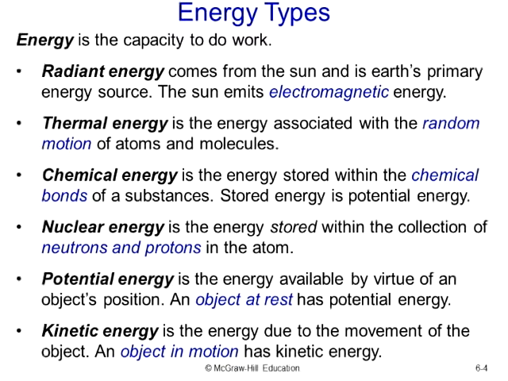Now let's look at the types of energy that we can have involved in producing that work. One form of energy is radiant energy or radiation energy. Radiant energy comes from the sun and is the Earth's primary energy source. We get our energy directly from the sun on a daily basis, whether it's what we call sun up or sun down.